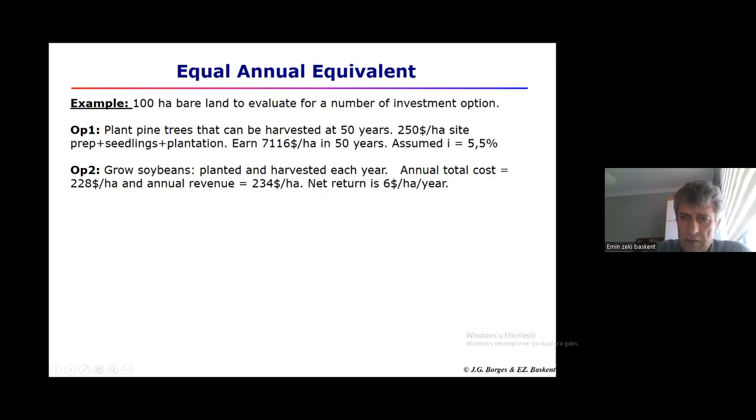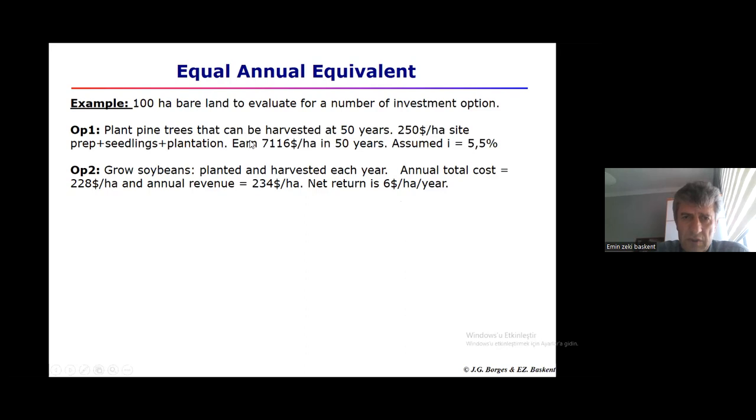Annual total cost is $228 per hectare, and annual revenue is $234 per hectare. If we subtract, we can simply calculate the net return as $6 per hectare per year, from allocating the land to growing soybeans.